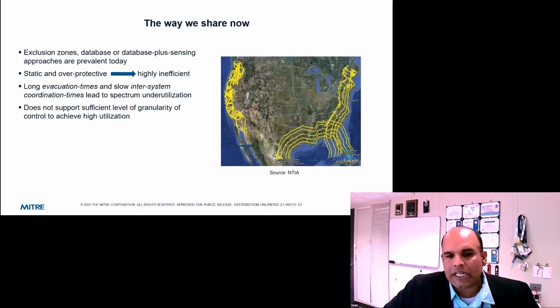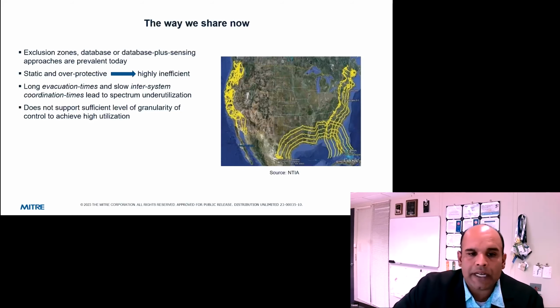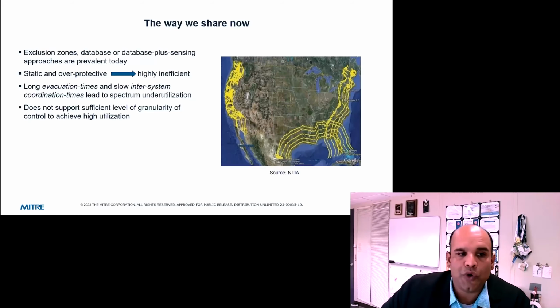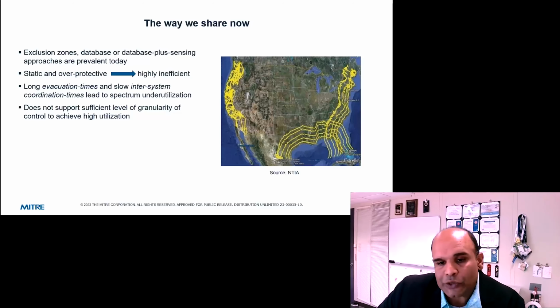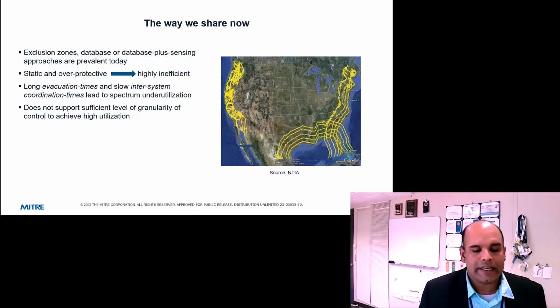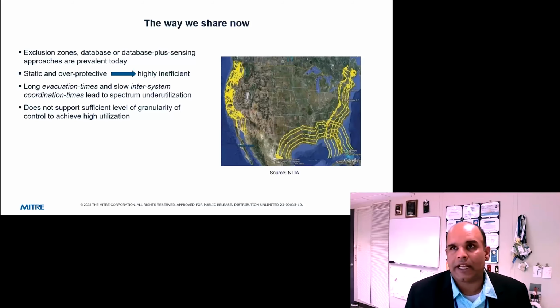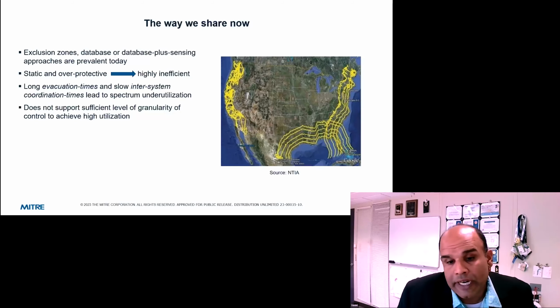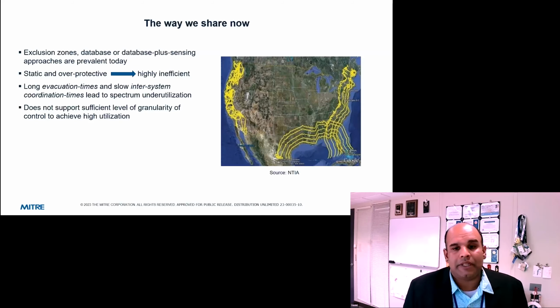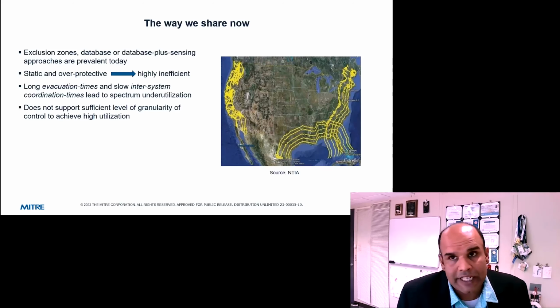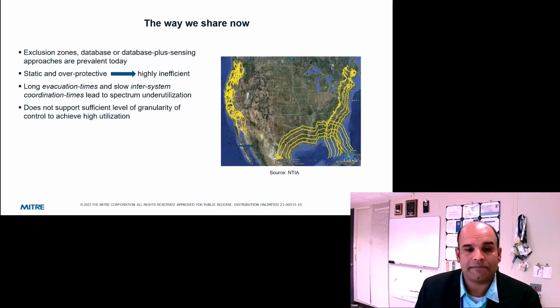Most people would consider CBRS a very, very good and successful system, but there are also some known shortcomings associated with it, right? Long evacuation times and slow inter-system coordination time are all things that are associated with CBRS. And the reasons for those things are quite well known. It doesn't take advantage of the technological aspect. It's a technology agnostic system.